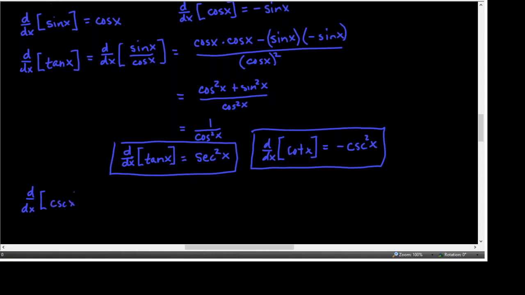Derivative of cosecant of x. Well, to do this derivative, you might want to use the reciprocal identity that cosecant of x is the same thing as 1 over sine of x. And that's a quotient. So I'm going to use the quotient rule. Low, d high, the derivative of a constant is 0, minus high, d low, all over the square of low.